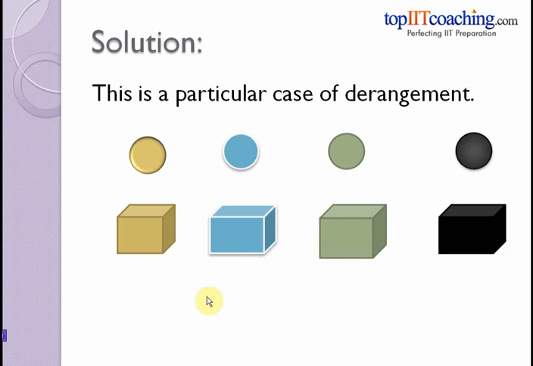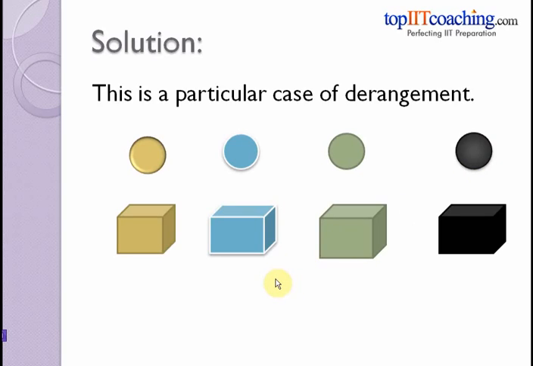Now this is a typical and particular case of derangement. Here let us say these are the 4 boxes and correspondingly these are the 4 balls. That is, this ball and this box have the same color, this box and this ball have the same color, and similarly for these two boxes and these two balls. So here n is equal to 4.